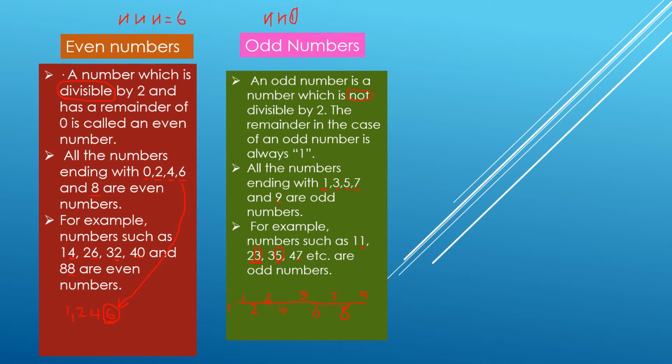And then we know that the 0 goes here, right? 0, 1, 2, 3. Now the top numbers will be the odd numbers, and the bottom numbers will be the even numbers.